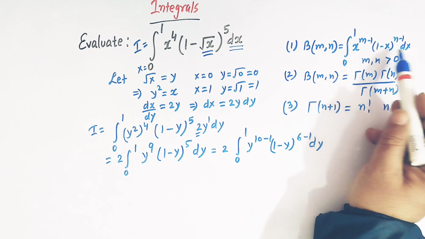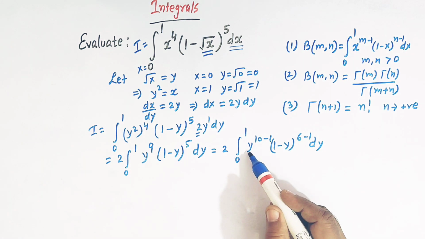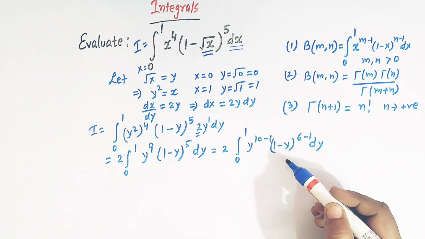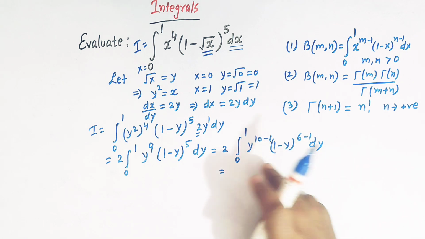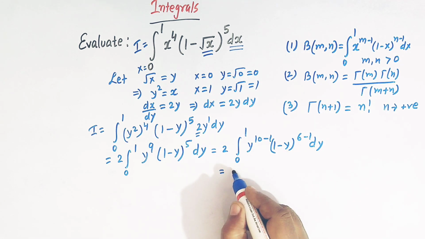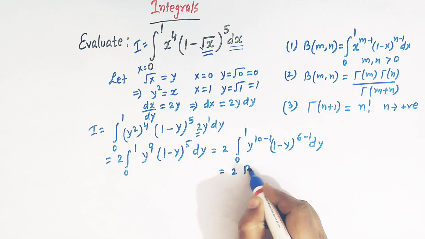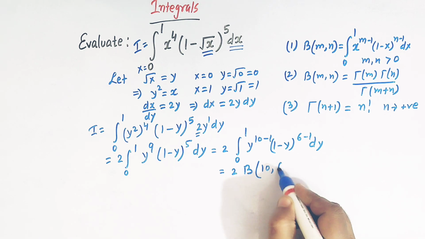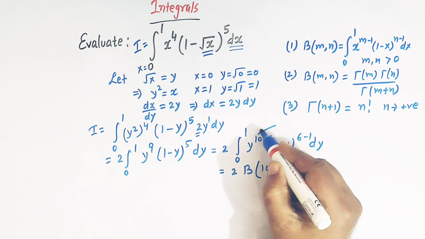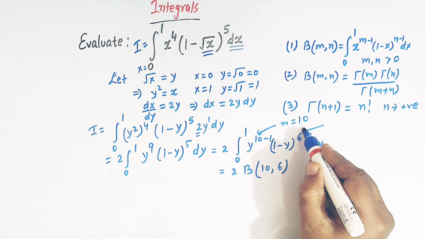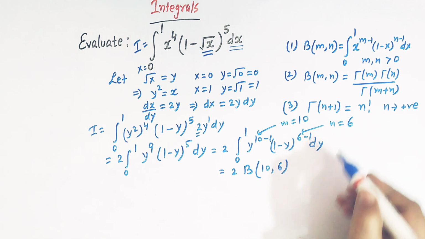Here we have the variable x, here we have the variable y, and since x and y are dummy variables, it is not going to make any change. So we have 2, and this integral is now the beta function, that is, beta of 10 comma 6. The value of m is 10 and the value of n is 6.